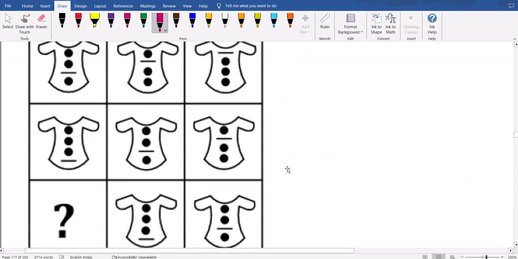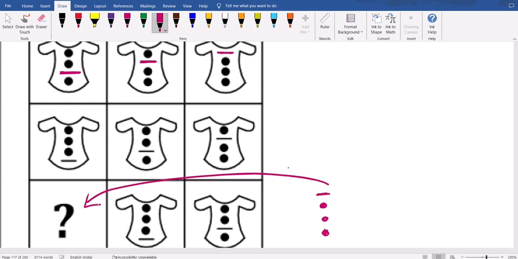Here, that horizontal line is moving one place above. Already here at the bottom means previously it should be at the top. Three dots above, horizontal line available here, because that horizontal line is moving one step above.